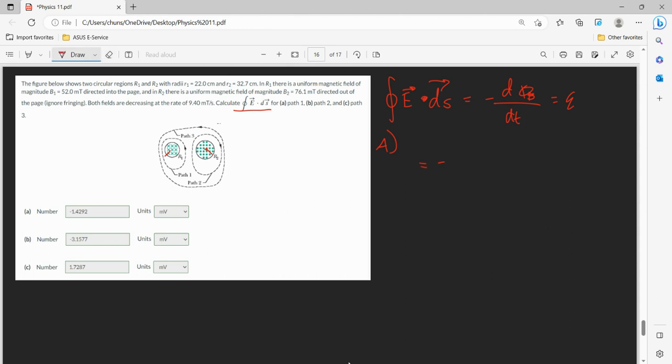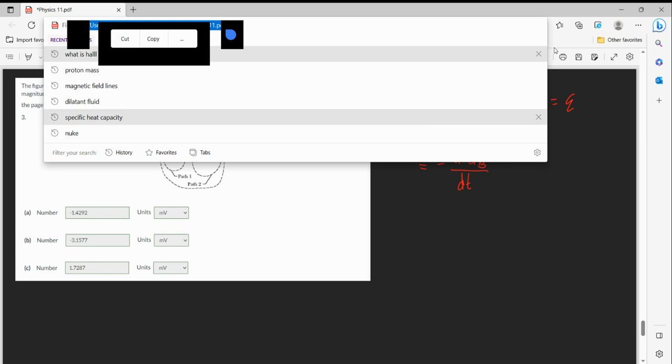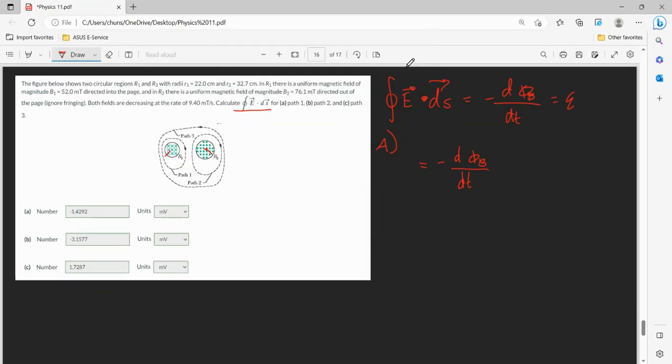Okay, so this is equal to negative change in flux over our time, which is equal to negative d over dt.